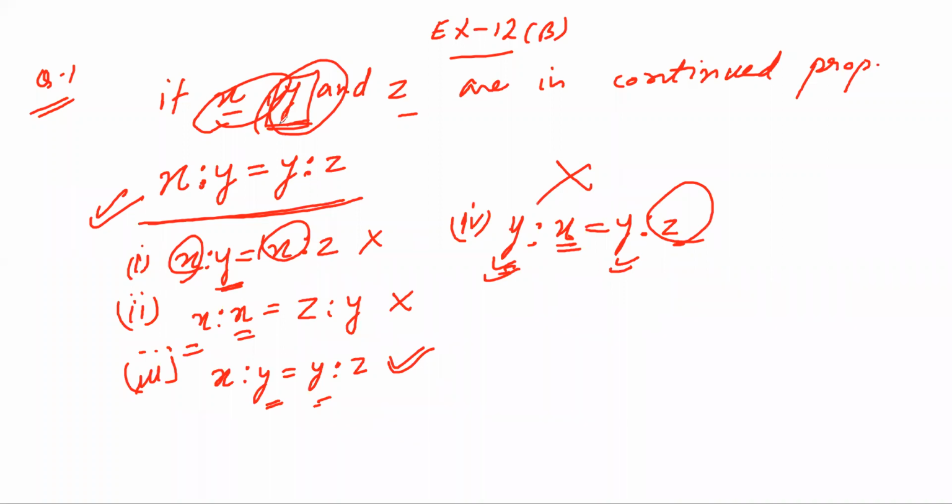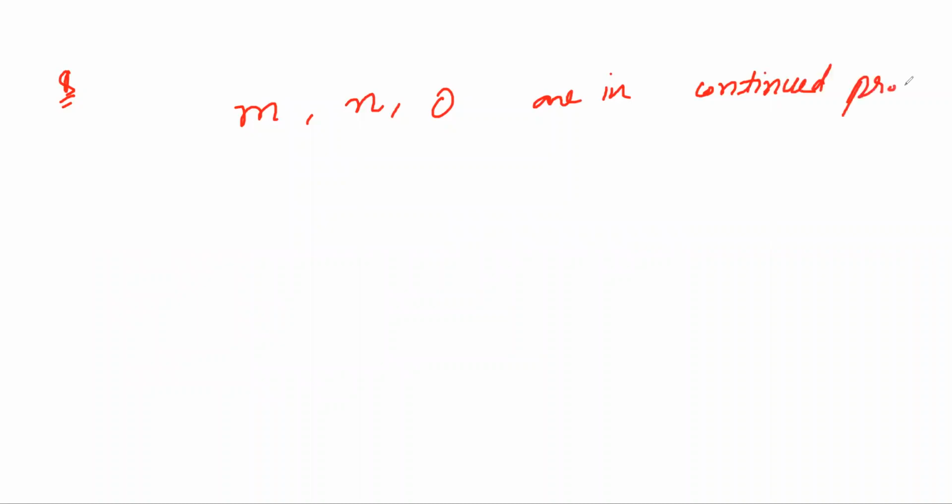For example, let me tell you one more question. This question is not in your book, but I am just telling you. For example, m comma n comma o are in continued proportion.